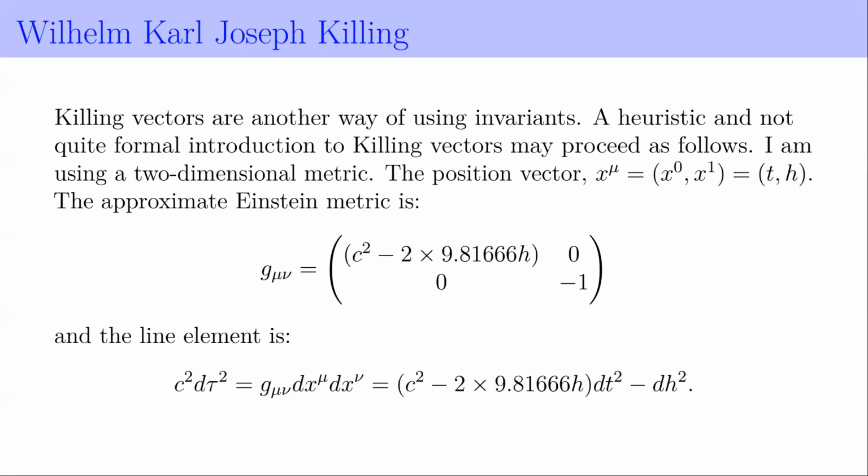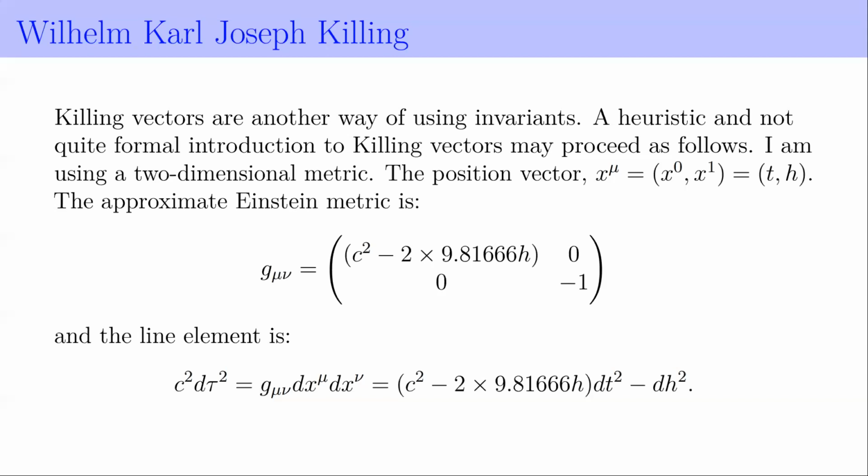When you use the approximation that I had from before, you essentially have -1 for the spatial portion and c squared minus 2 times 9.82 times the height.